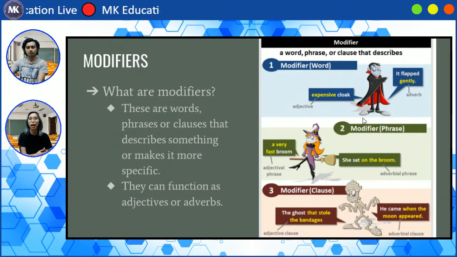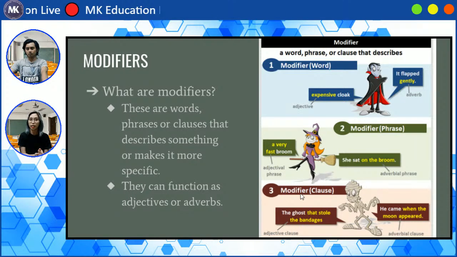And then we have the second one, phrases. It modifies phrases. The first one, we have an adjectival phrase, a very fast brew. So a very fast is your adjectival phrase, and it modifies the word brew. Second, we have an adverbial phrase. She sat on the broom. The adverbial phrase here is on the broom.